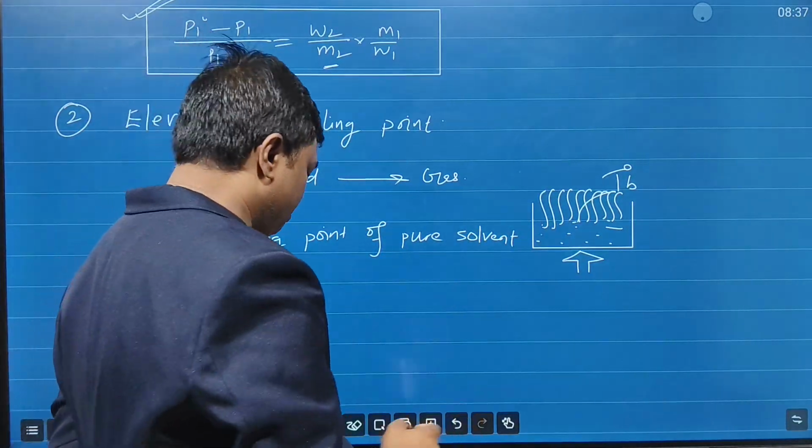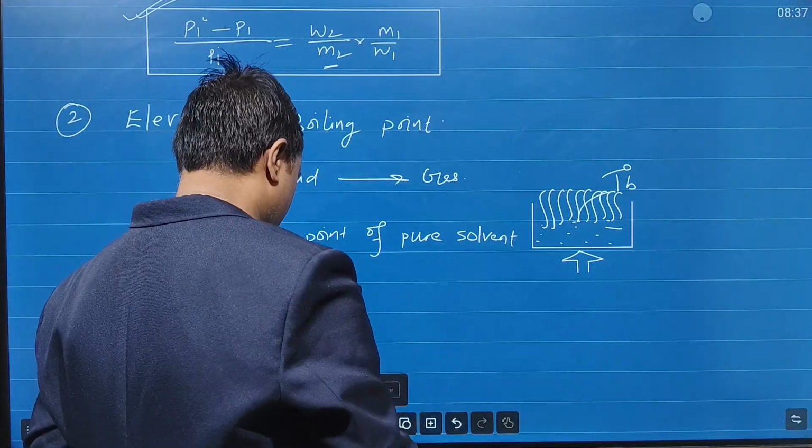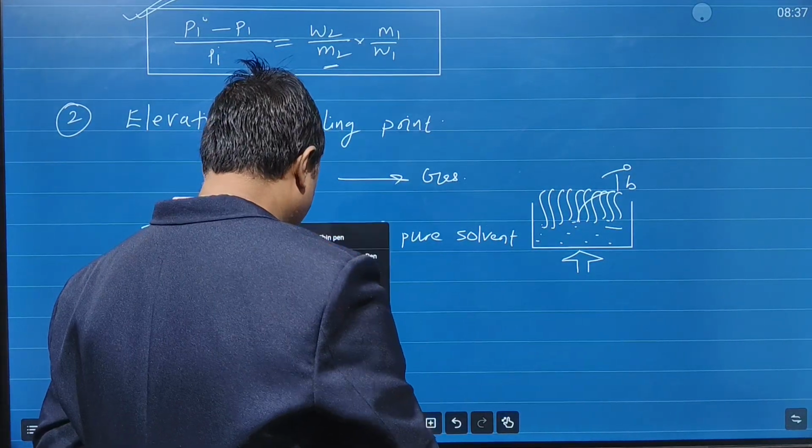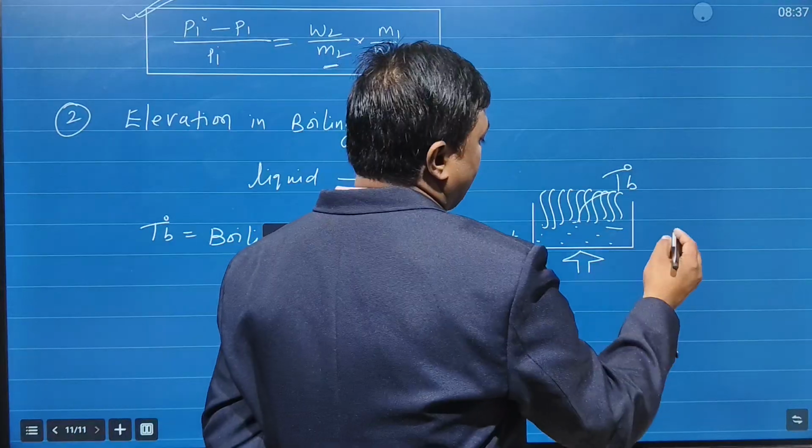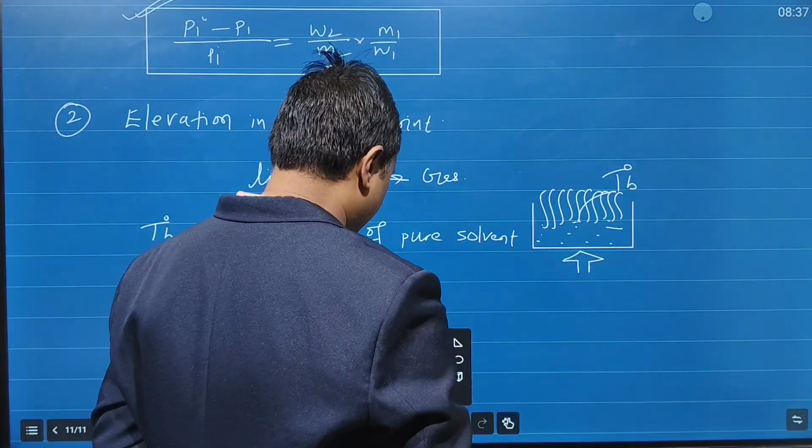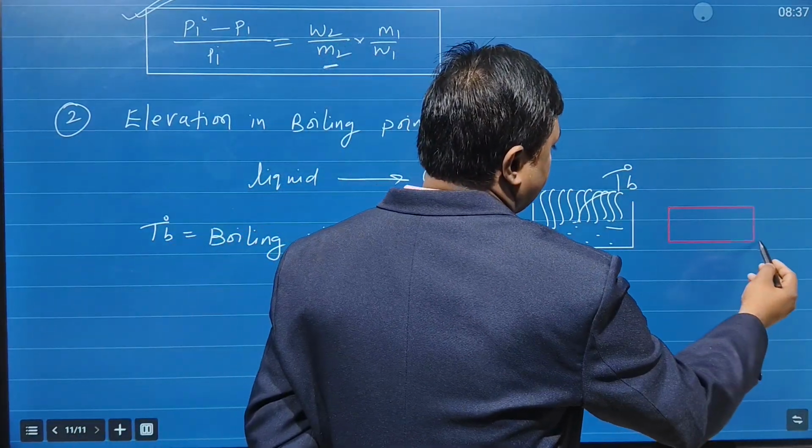Now try to understand, once you mix a non-volatile solute to this, what will happen?